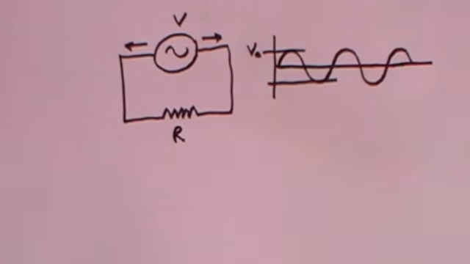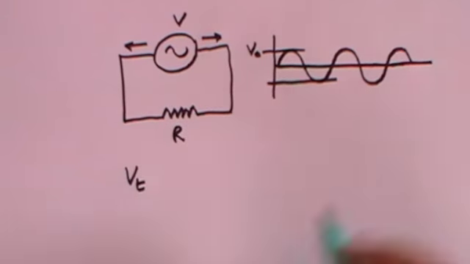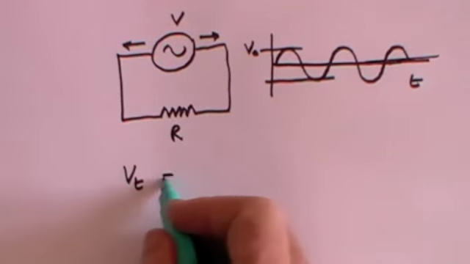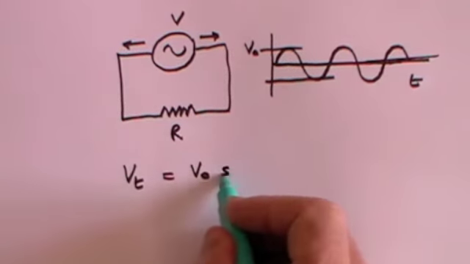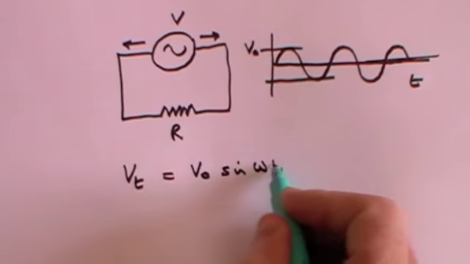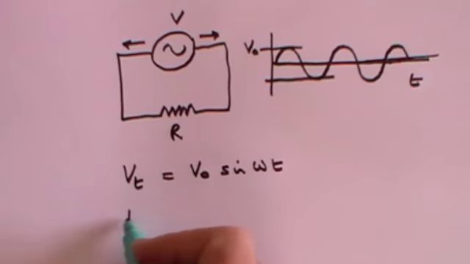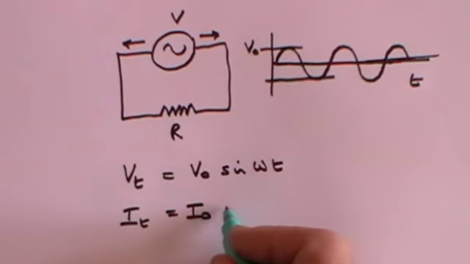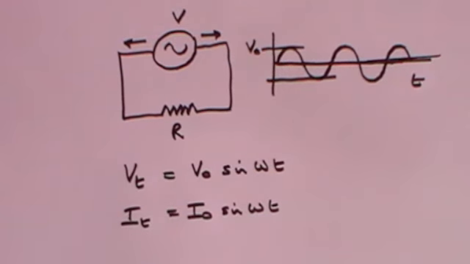And the mathematics that describe this says that the voltage at any time t, this is of course time, is equal to V0, which is the maximum voltage, times the sine of omega t. Or, if you want to talk about the current, I(t) is equal to the maximum current times the sine of omega t.